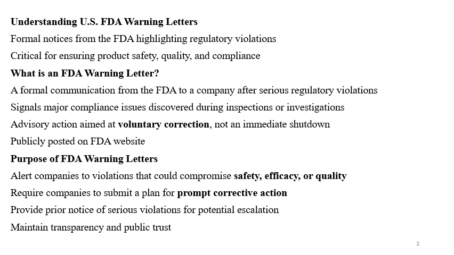Once the FDA gives warning letters, the organization needs to act promptly to provide a plan for the corrective action. It also provides prior notice of serious violations for the potential escalation, and maintains transparency and the public trust. This is the purpose of the FDA warning letters to the organization.